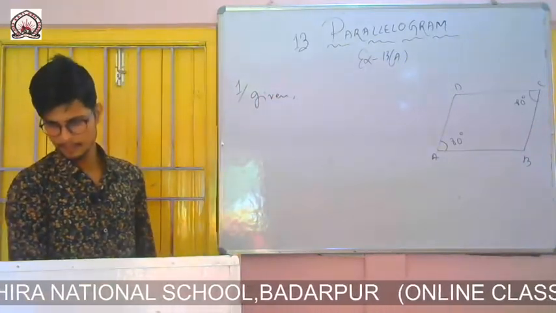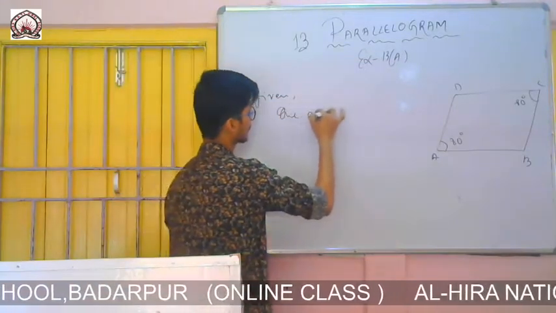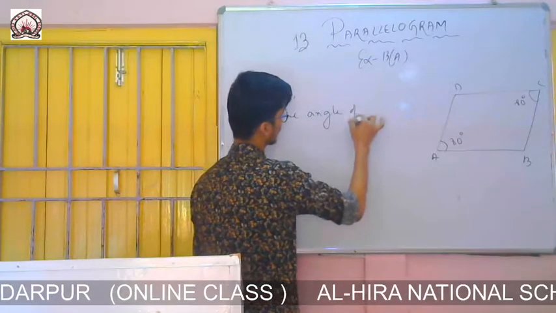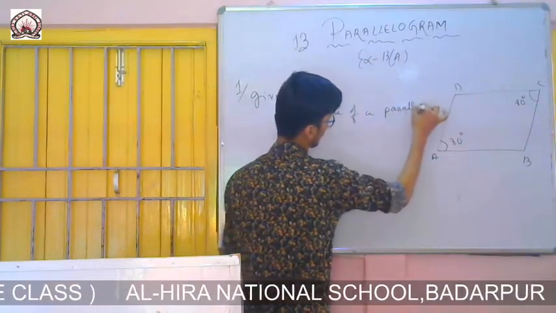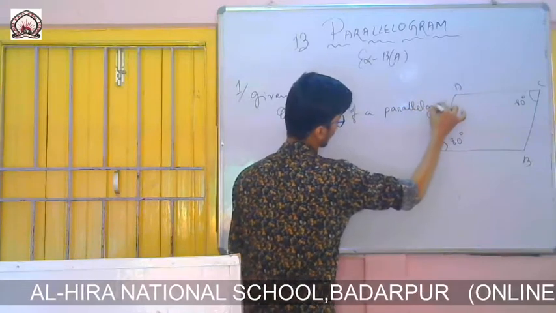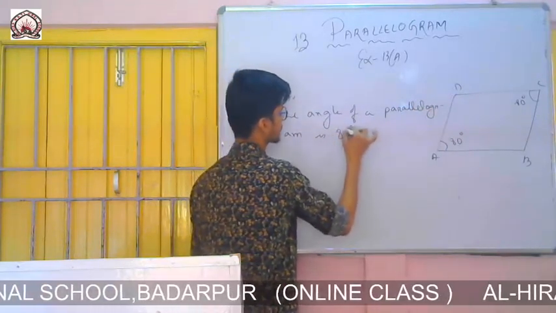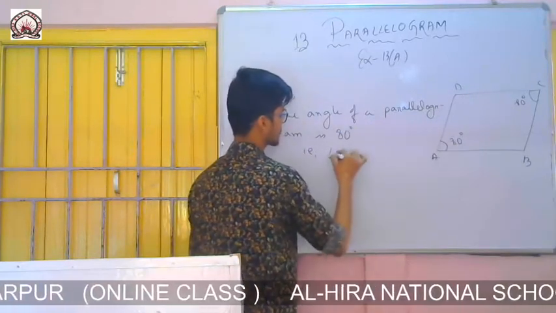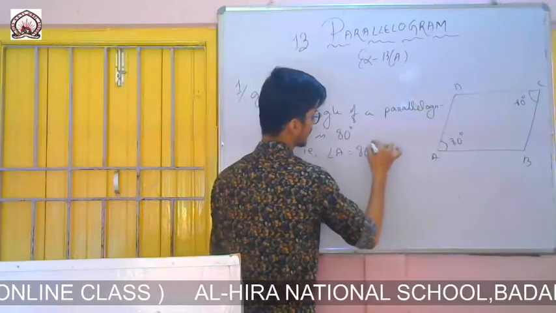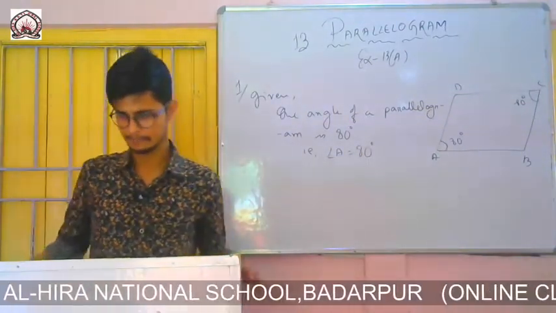Given one angle of a parallelogram is 80 degree, that is, angle A equals 80 degree.